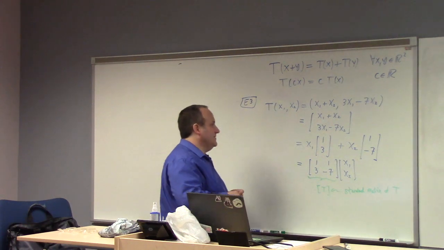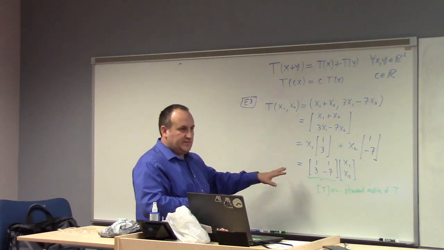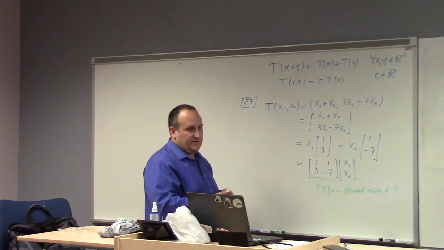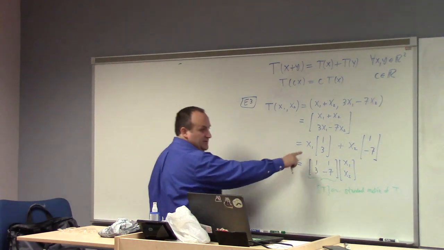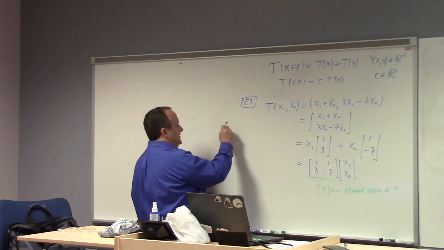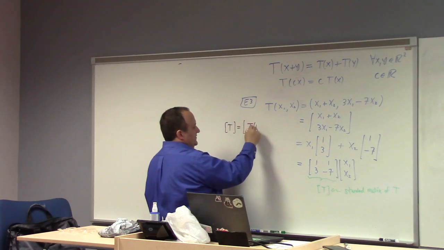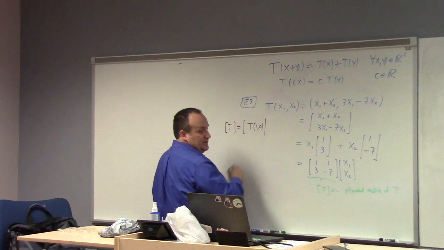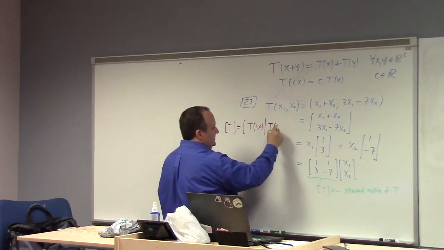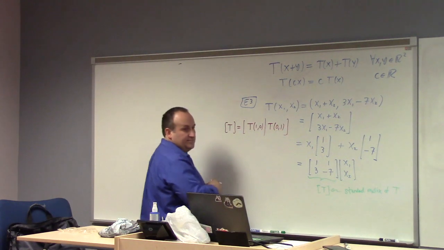I gotcha. So this is the standard matrix, and there's a formula for it. Putting in 1, 0 gives you the first column, and putting in 0, 1 gives you the second column.